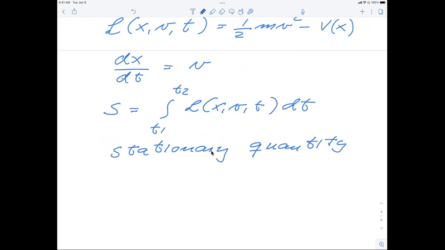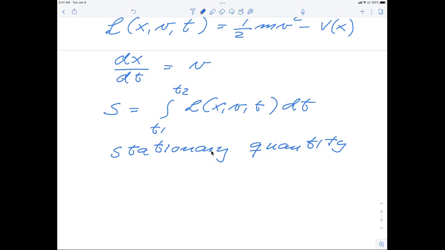So have you encountered this topic, stationary quantity, before in physics, this concept? If you think of the word stationary, a stationary quantity, what do you think that actually means? Yeah?